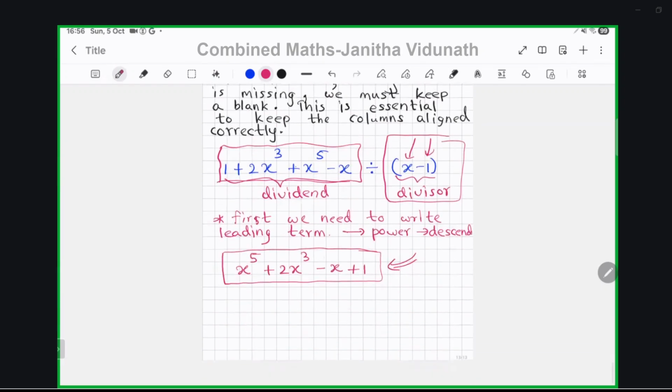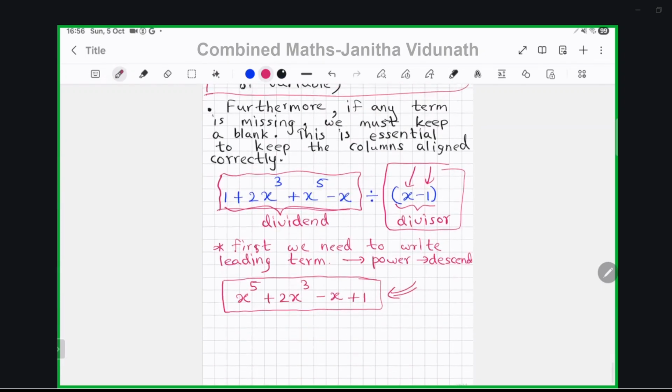Now, when we closely inspect this, here we have a term with the power 5, and also a term with the power 3, and also terms with the power 1 and power 0.